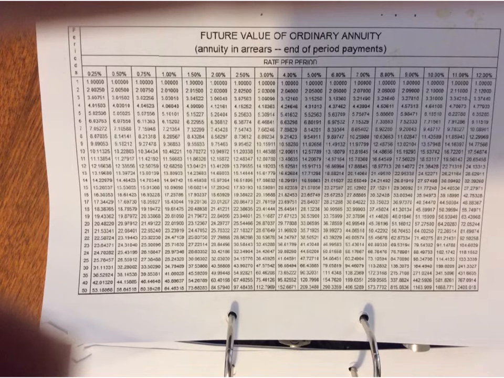So if we're investing, say, $500 per year, and the interest rate is 3% per year, and we are doing it for the next 10 years. So all we have to do is find the 3%, find the 10, and where they meet up.